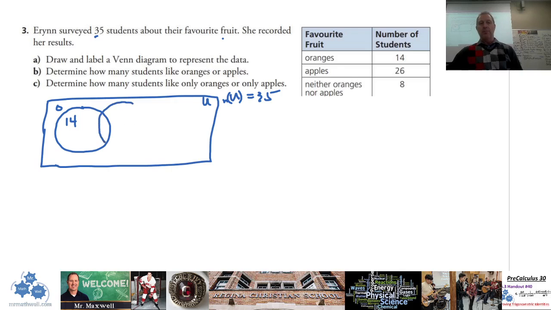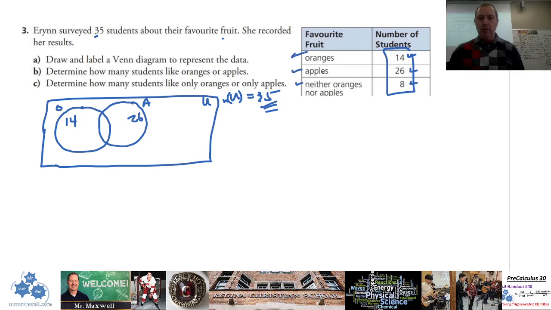There could be some that like both, so I'm going to overlap that. We could figure out if there's some overlap by adding up these numbers. If the sum of these numbers is greater than 35, we know that we're double counting some people in this list. If it adds up to exactly 35, that means each of these are disjoint sets.